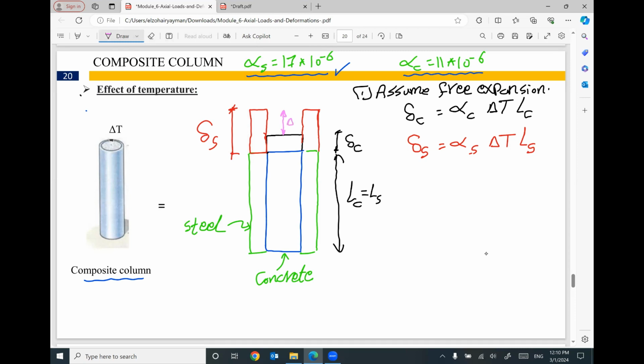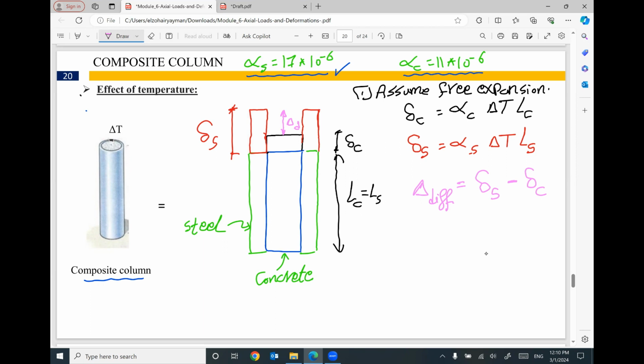This delta difference between the expansion of steel and the expansion of concrete will equal the free expansion of steel minus the free expansion of concrete. So I can figure it out.